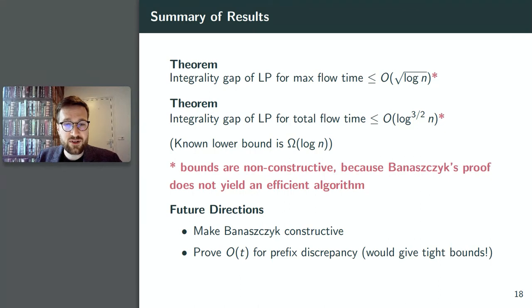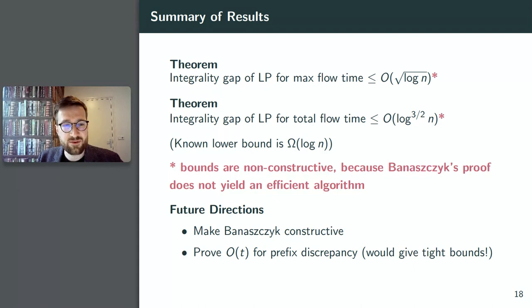So to conclude, what we show in this paper is that the integrality gap of the natural LP relaxation for max flow time is at most square root log n, and we also study total flow time, or sum of flow times, and here we show that the time indexed LP has an integrality gap of at most log to the 3/2 n. This is against the lower bound that is known of square root log n. So both of these theorems are within square root log n of the optimum.